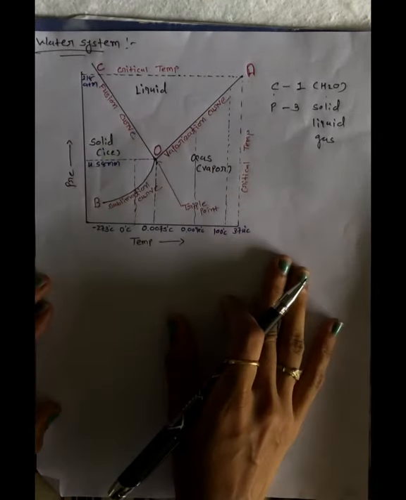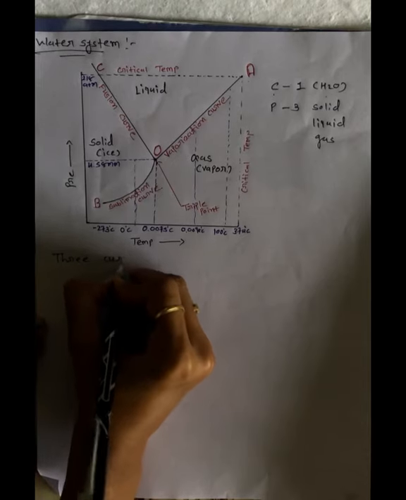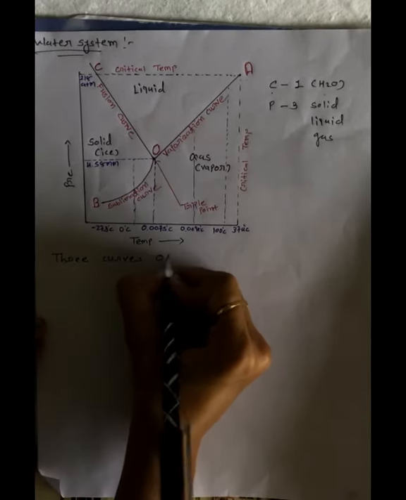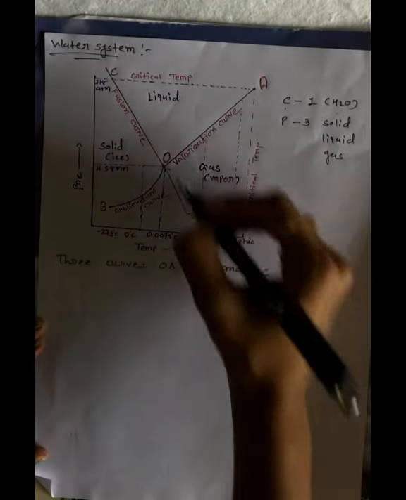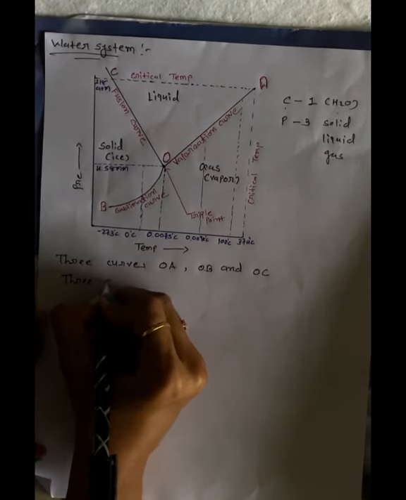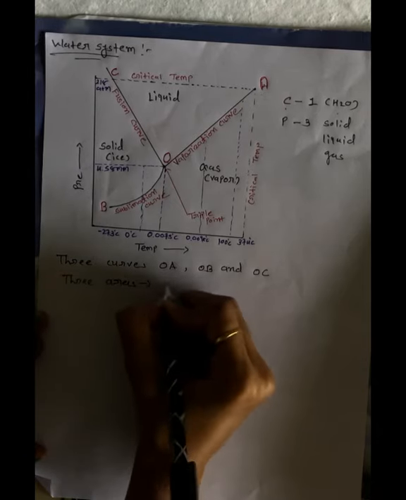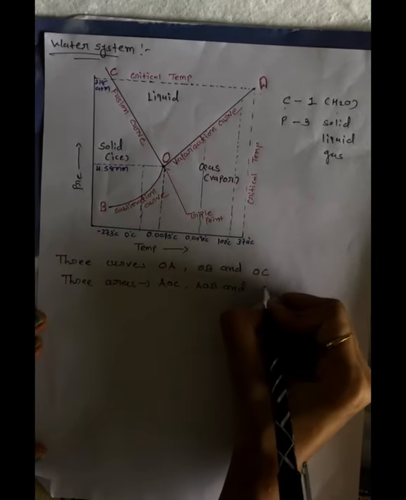This diagram consists of three curves, OA, OB and OC, and also three areas, AOC, AOB and BOC, and one triple point.